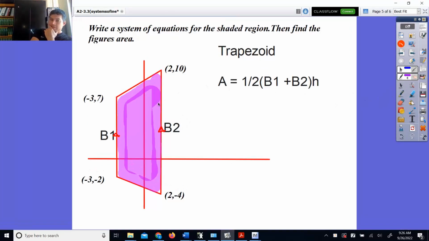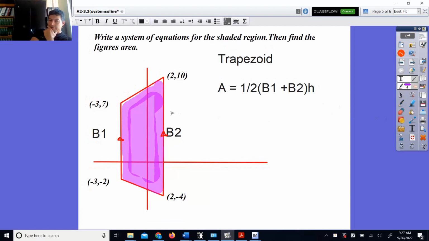They're not slanted. How tall is base 1? 9. He looked at the y values, kids. That's all he did. How tall is base 2? 14. From -4 to 10 is 14 units.